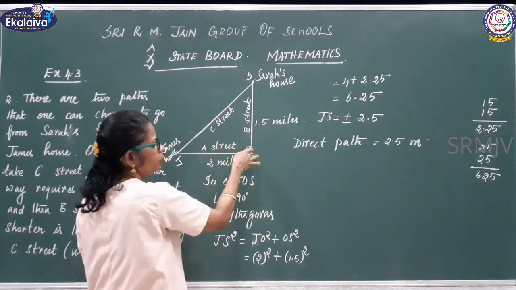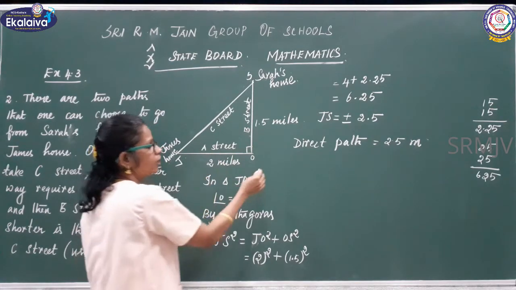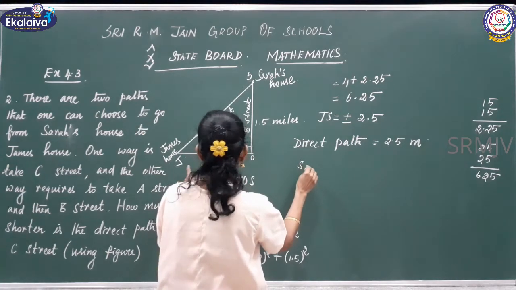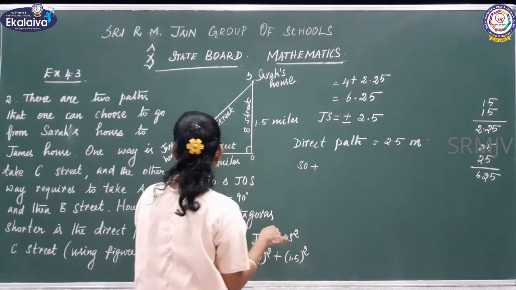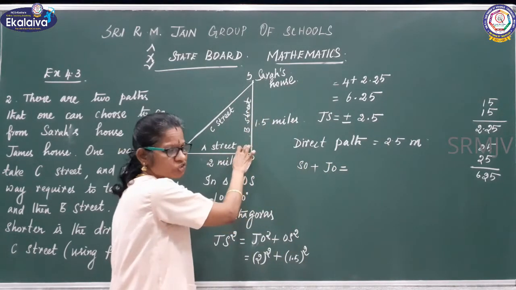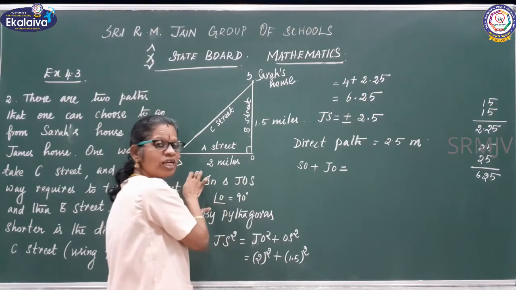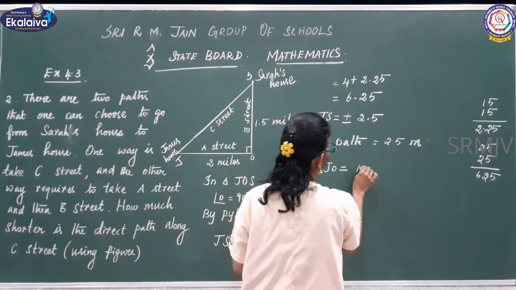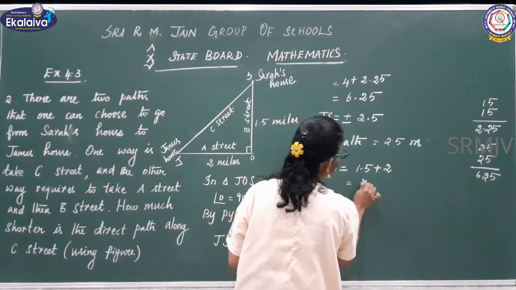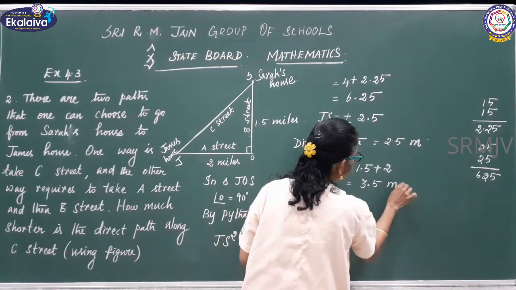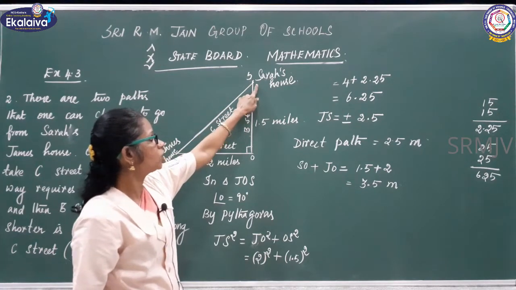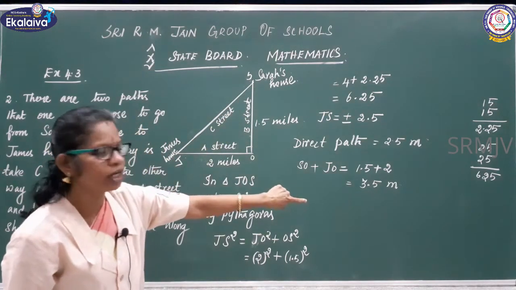Shark House to O using B Street and A Street. That means SO plus JO equals 1.5 plus 2, which is equal to 3.5 miles, since SO is B Street and JO is A Street. When you use the other way, you reach James House from Shark House in 3.5 miles.